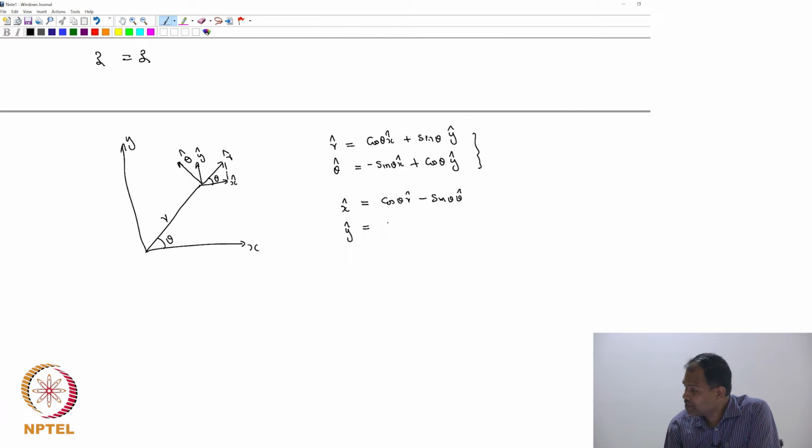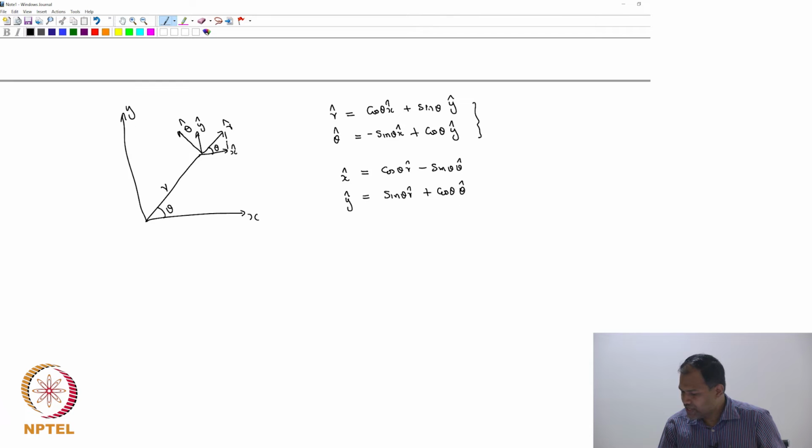Okay, and y cap? Yeah, so that's basically the inverse relations. So now we know, given the Cartesian coordinate system, how to convert it into cylindrical coordinate unit vectors and the other way. Okay.